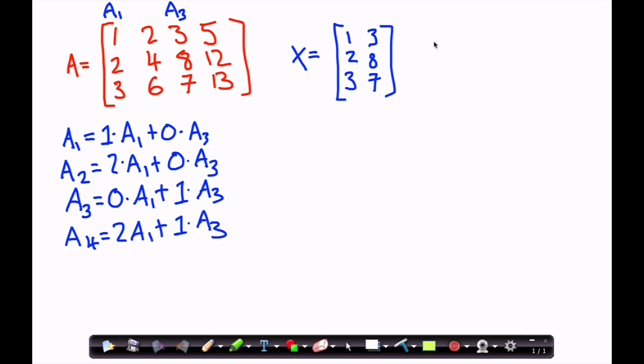And now we're going to let Y be the matrix whose columns are these linear combinations. So the first column of Y is going to be 1, 0. The second column of Y is going to be 2, 0. The third column is going to be 0, 1. And the fourth column is going to be 2, 1.